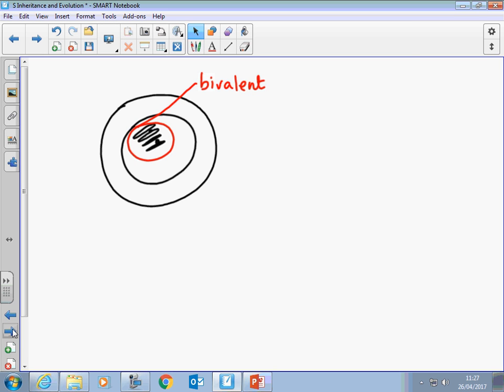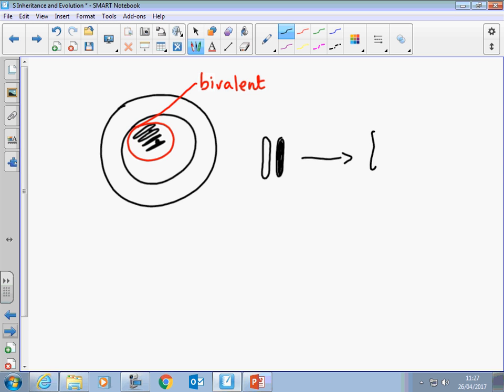So in other words, what we started off with was a pair of chromosomes like that. They've replicated, and it is easier to draw them like these little crosses sometimes. So we've got that effect.